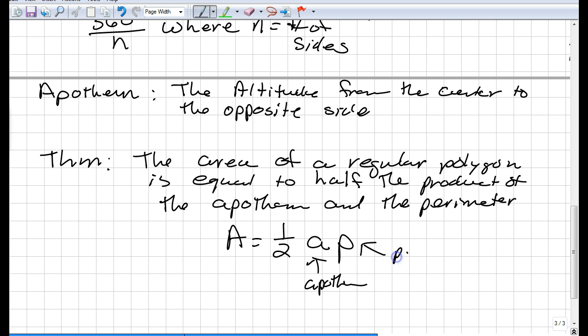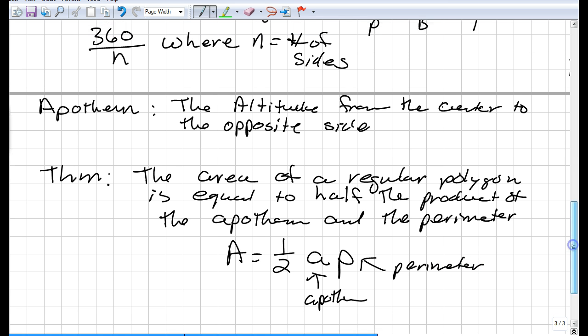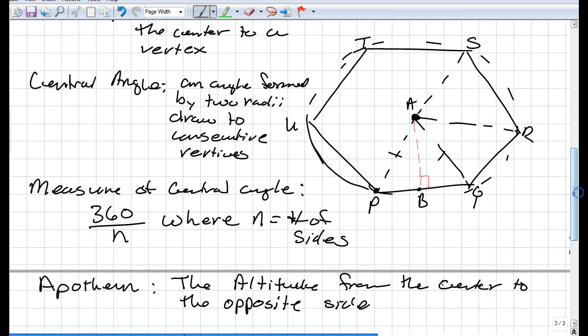And really, all we're doing is adding up the area of the triangles that are formed by the radii of the regular polygon.